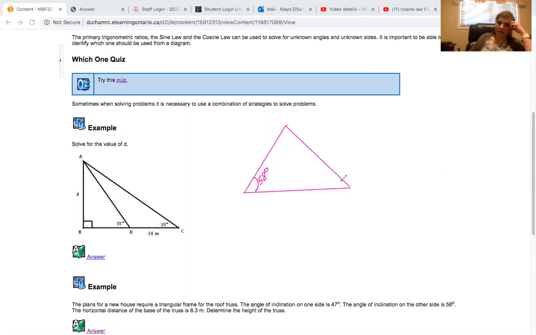The angle of elevation of the other side is 47 degrees. And then they're saying that the horizontal distance of the base is 8.3. So that means the base here is 8.3 meters. They want you to determine the height of the truss. So since we're determining the height, that means I am finding this side right here.